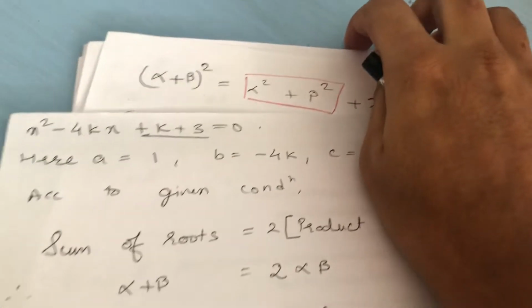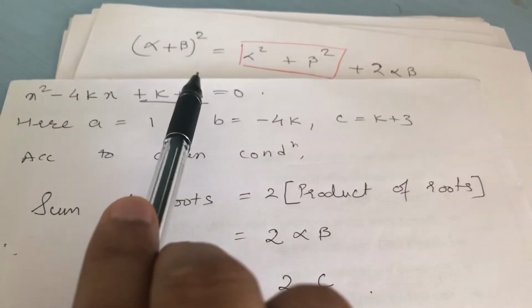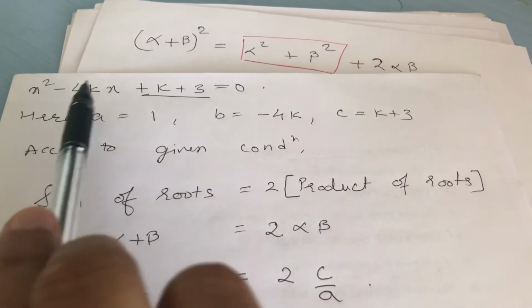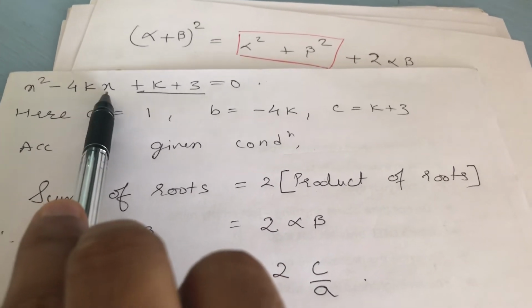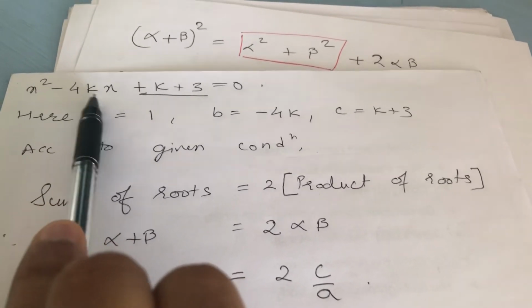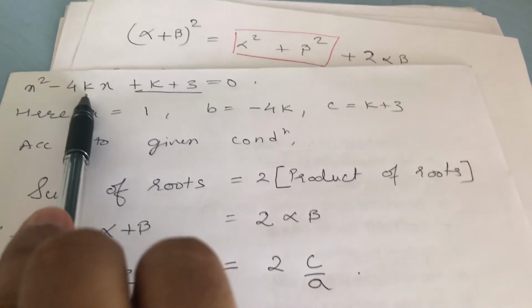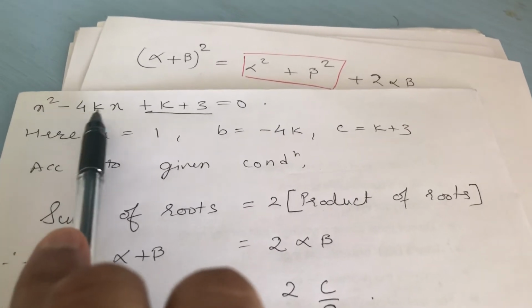Next question, this quadratic equation is given to you. So see carefully, here a is 1, b will be minus 4k. Okay. Anything that is beside x, everything becomes the coefficient of x, and that is your b. Many people will mistake it as only minus 4, but no, your b is minus 4k.